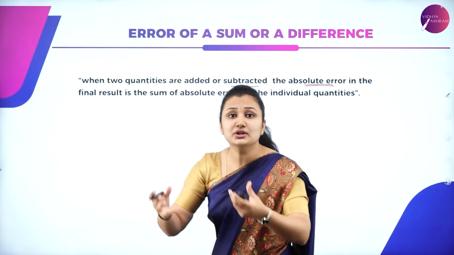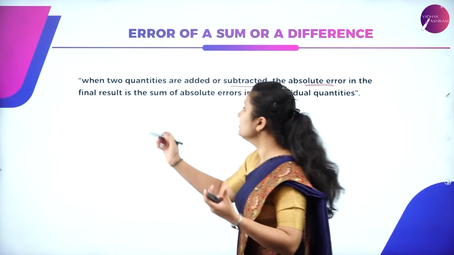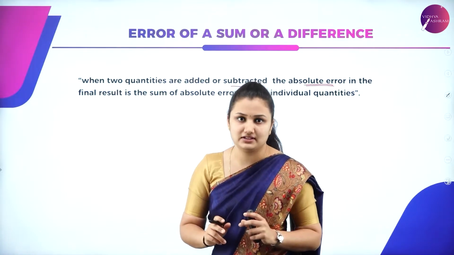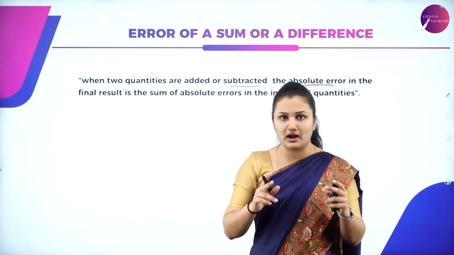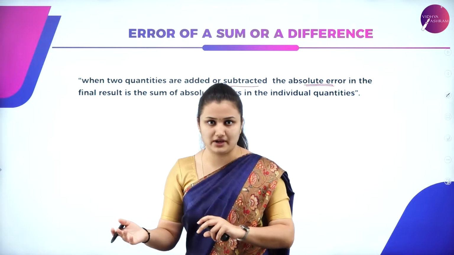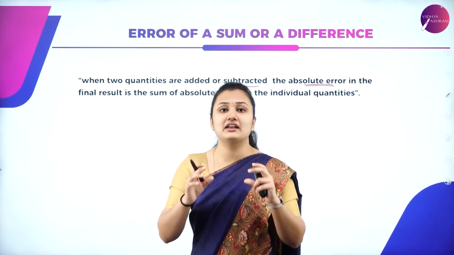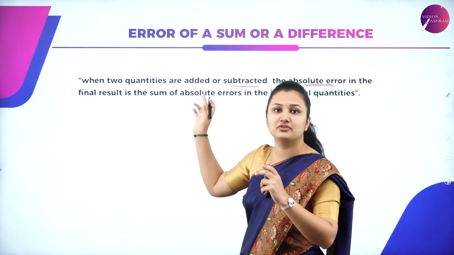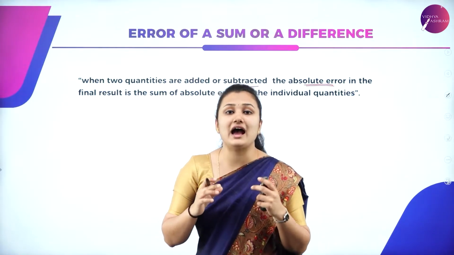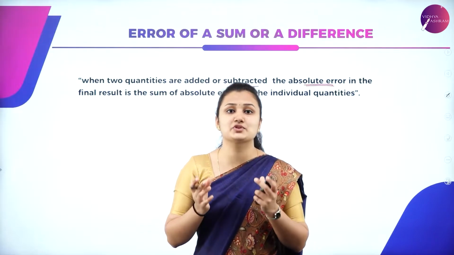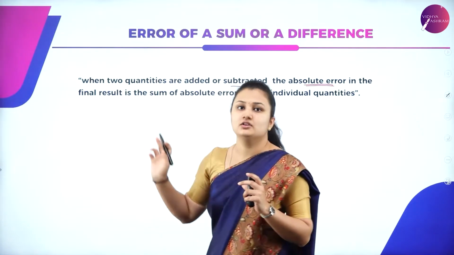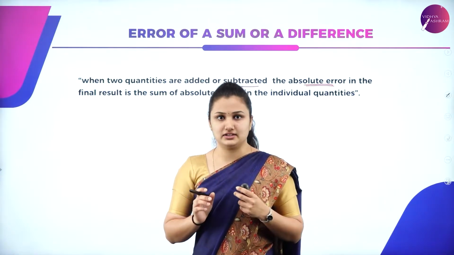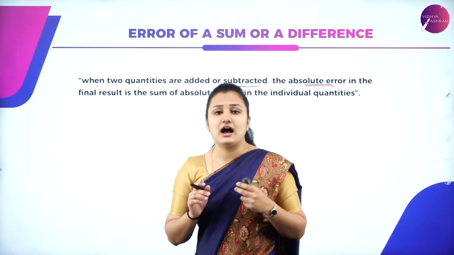So this absolute error which you have got is due to the sum of absolute errors in the two individual quantities. Either you add two quantities or you subtract two quantities. So in rule 1, in the sum or difference, you are considering absolute error: the sum of absolute errors in the two individual quantities. So you can have a doubt.